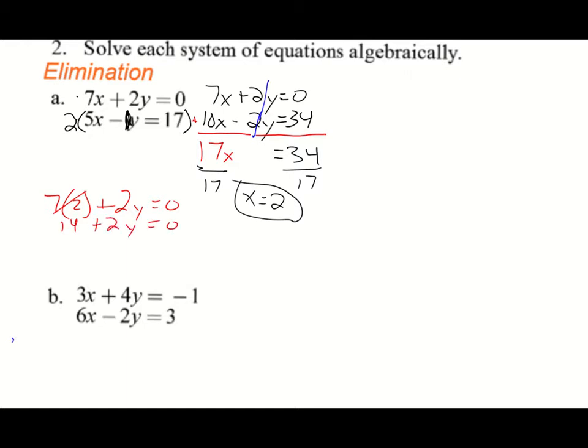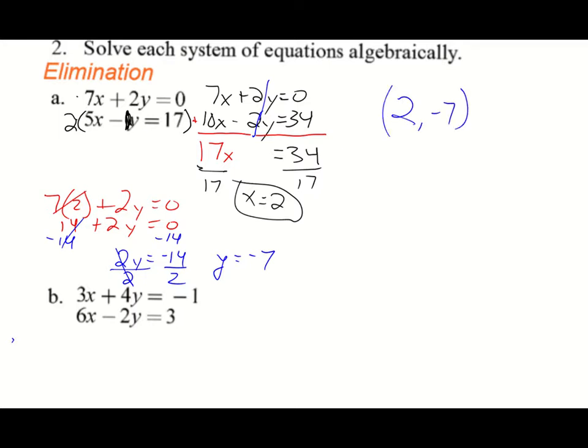But now it's a two-step equation. We got to get rid of this 14. Move to the other side. You get 2y equals negative 14. And your last step, get y by itself by dividing by 2. So then y equals negative 7. So your answer here is 2, negative 7.